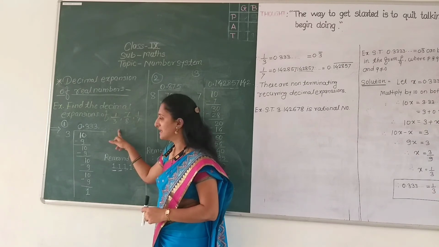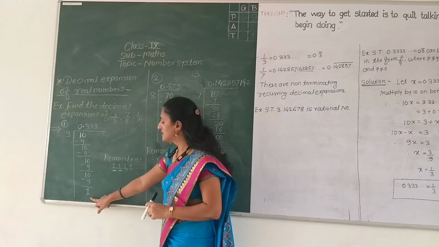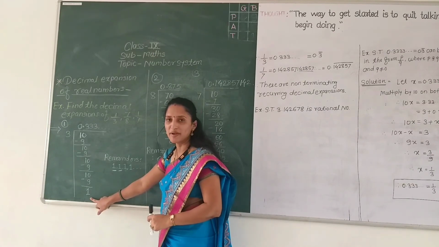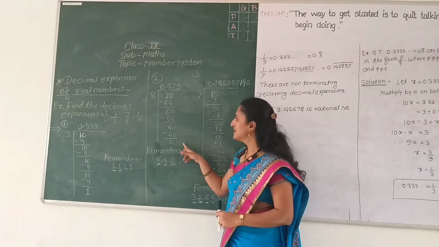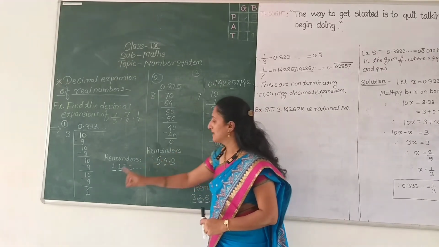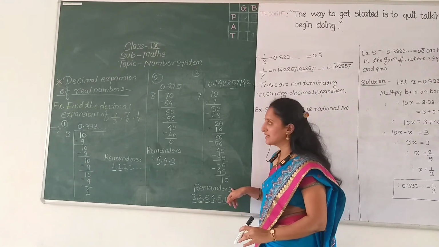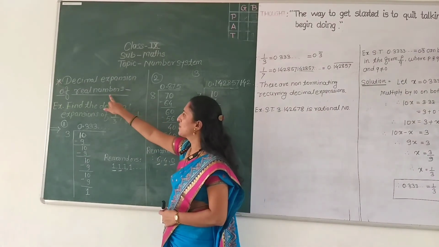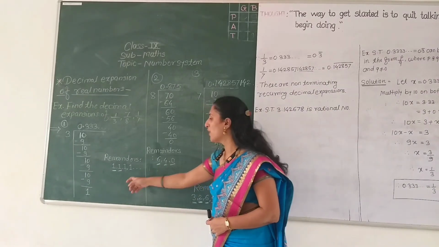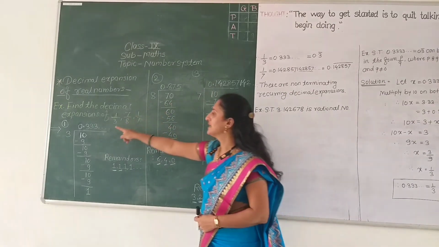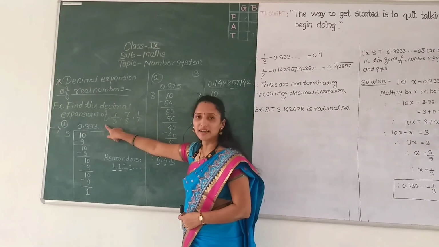Non-terminating means we do not get 0 in the remainder. If we get 0 in the remainder, that means this expansion is terminating, and otherwise the expansion is non-terminating. So decimal expansion of real numbers is either terminating or non-terminating recurring.